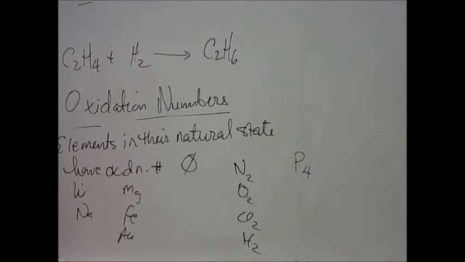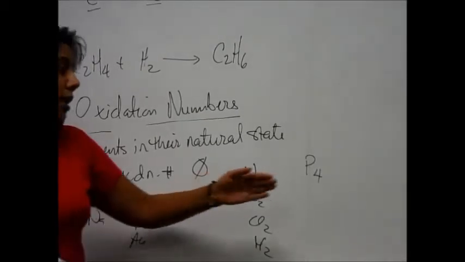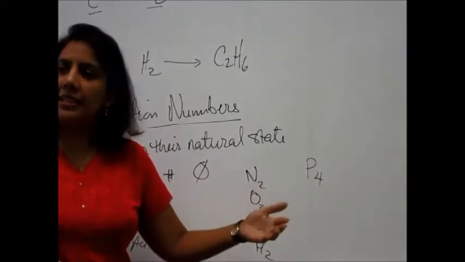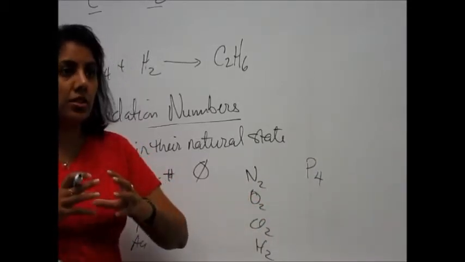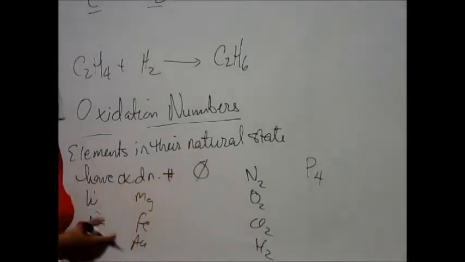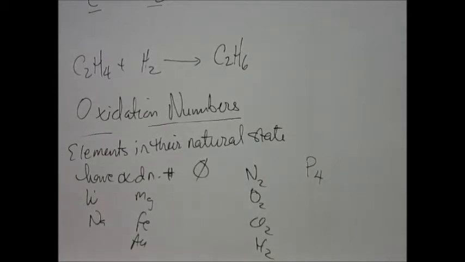We'll talk about that when we get to chapter 7 or 8, to remember which one it is. But if you have P2, P4, P6, something like that, just by itself as an element, that also is going to be 0, which means it's not combined with anything else. So an element combined with itself is because that's how it exists in the natural state. So all of these ones are 0, as far as oxidation number is concerned.